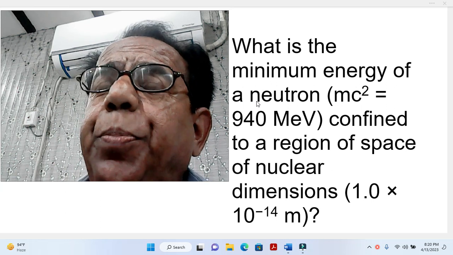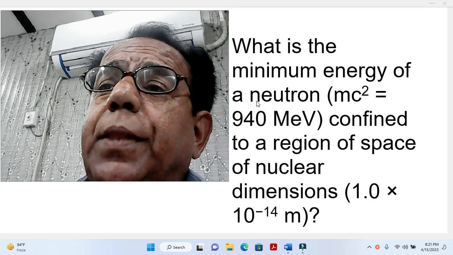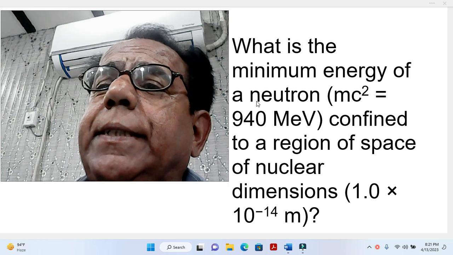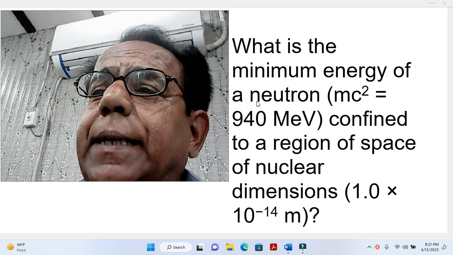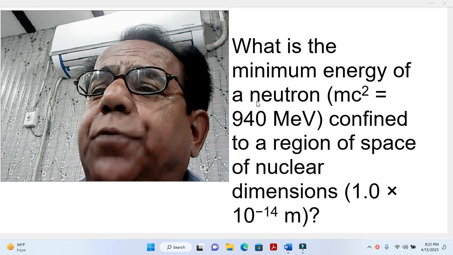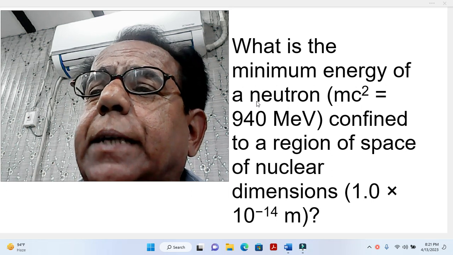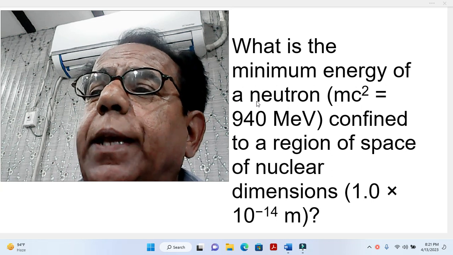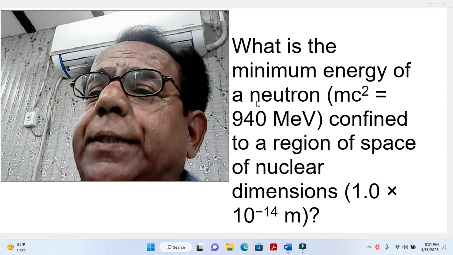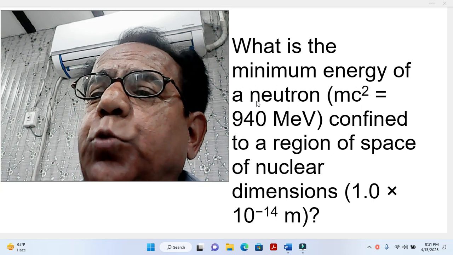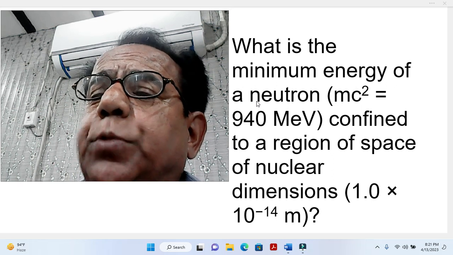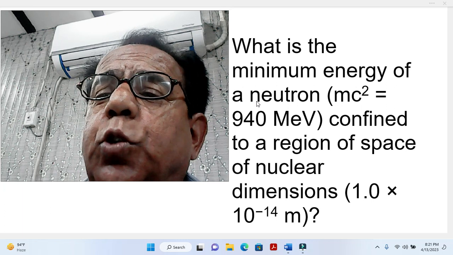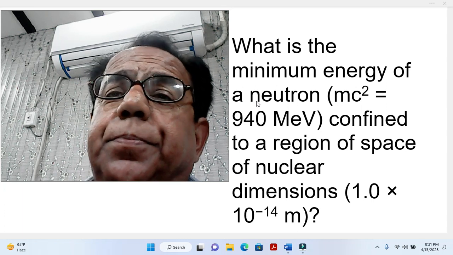What is the minimum energy of a neutron (mc square equal to 940 million electron volt) confined to a region of space of nuclear dimensions, 1.0 into 10 to power minus 14 meter?